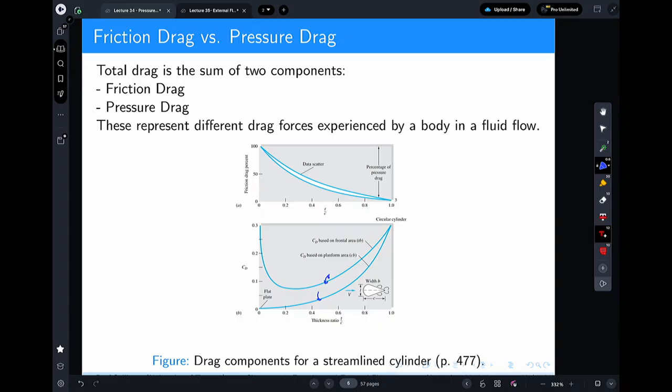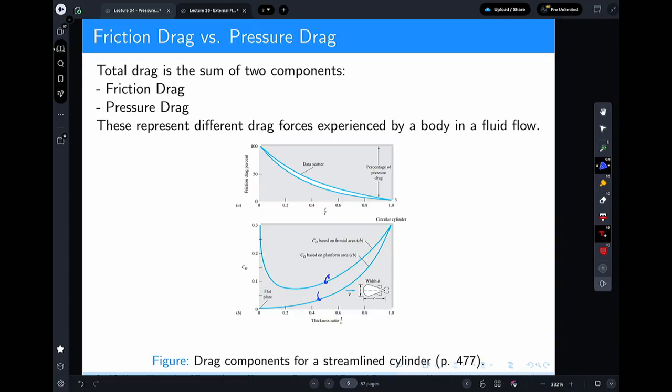And you can see the curve behavior in these two cases is very different. And so if you try and compare your measurements and you use frontal area here, you will get completely outlandish results relative to literature. So you have to be aware of where you're getting the data. And one of the things that's really important as you go through these charts is understanding how they get their data.